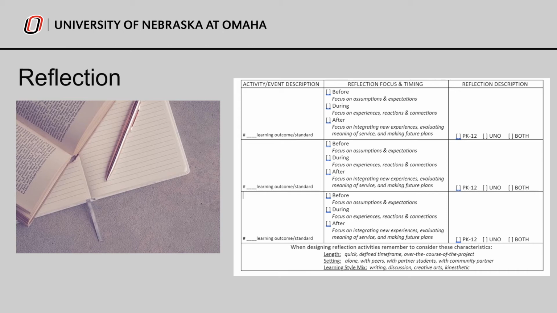Some of those could include journaling, art, peer discussions, maybe even different kinetic activities. There are many different ways to incorporate reflection into this process and is a key component for your students to link their curriculum to the experience.